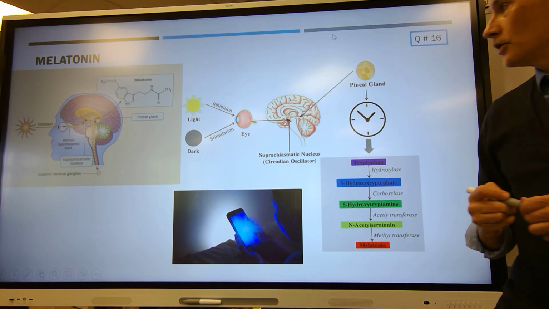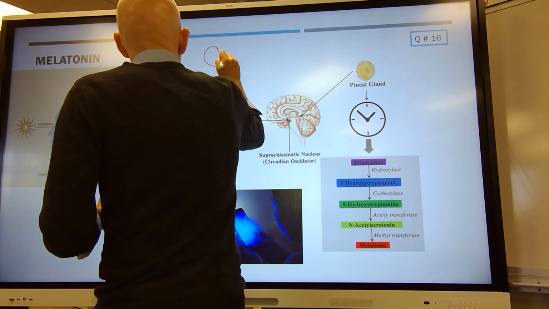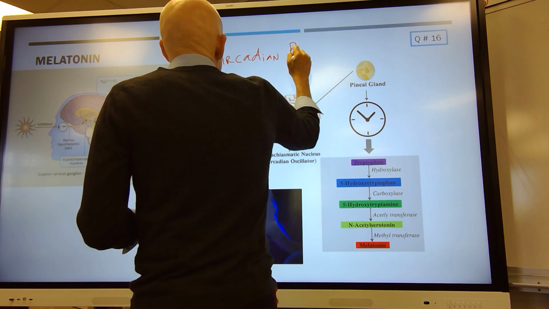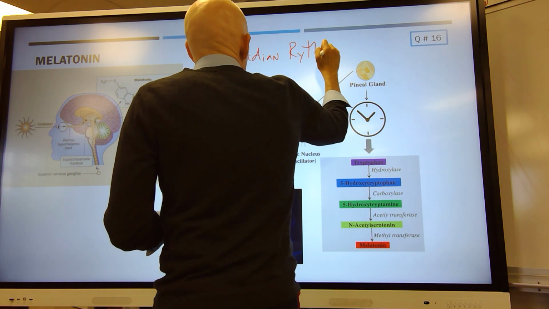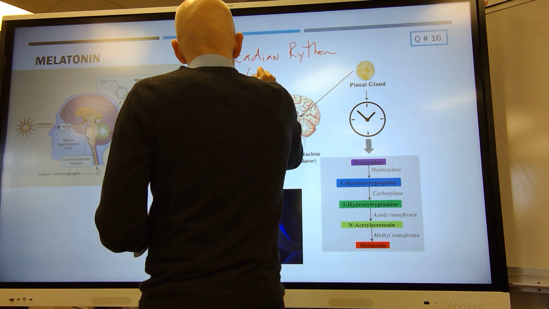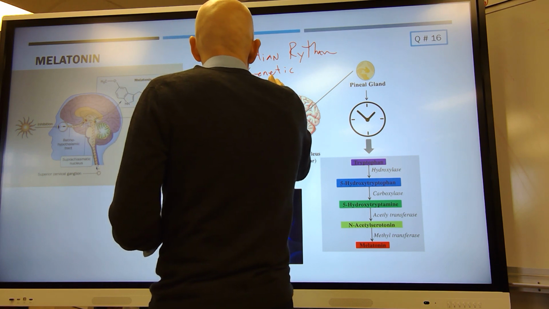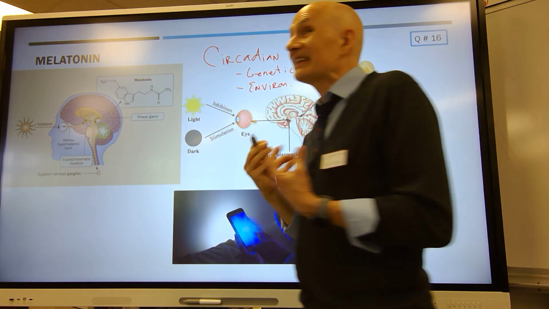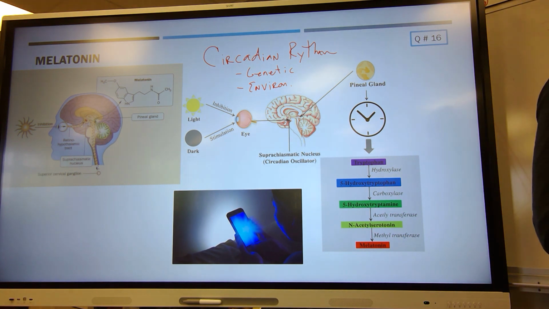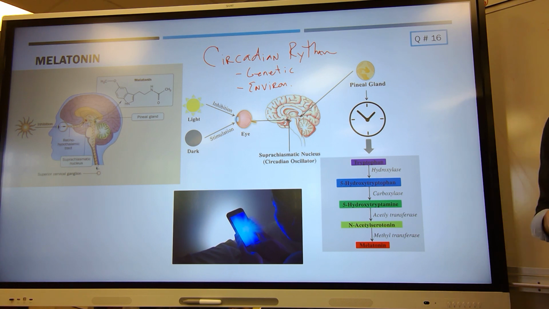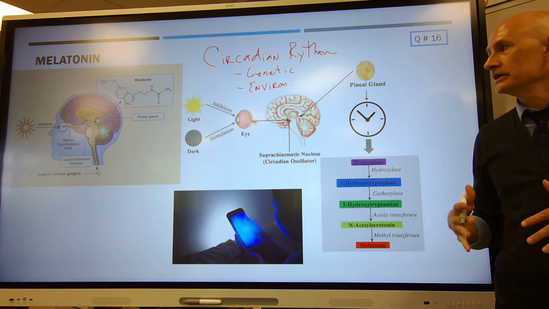Melatonin is for regulating your circadian rhythms. This is both genetic and environmental. So the light stimulates the blocking of melatonin production from the pineal gland.